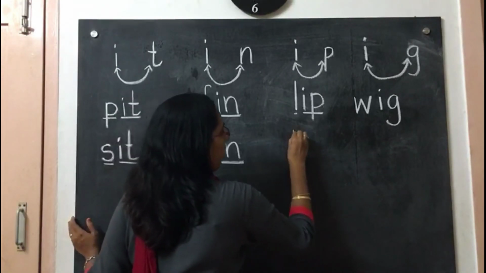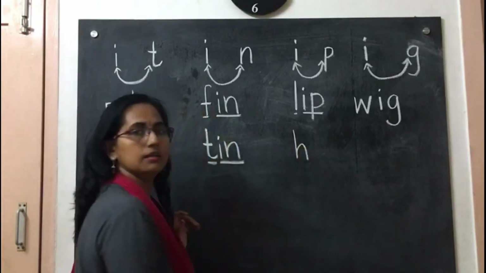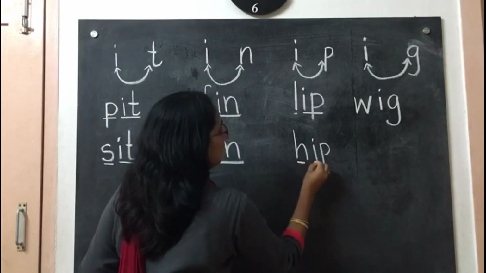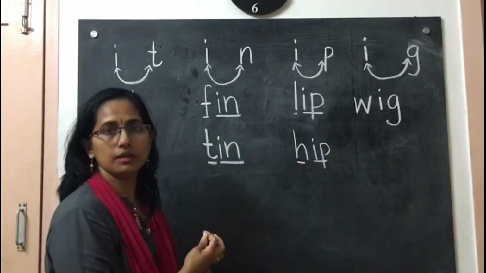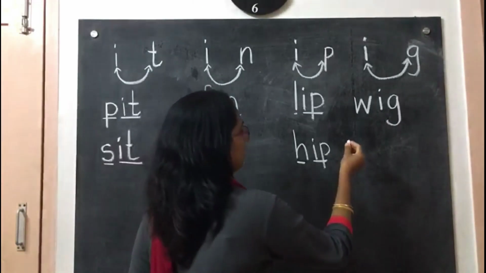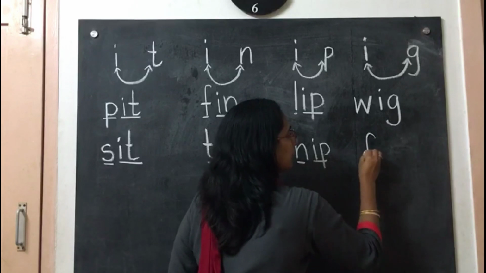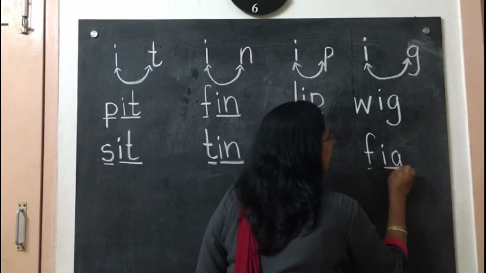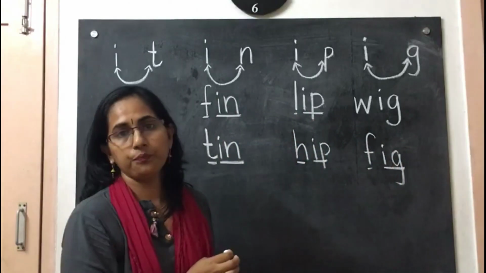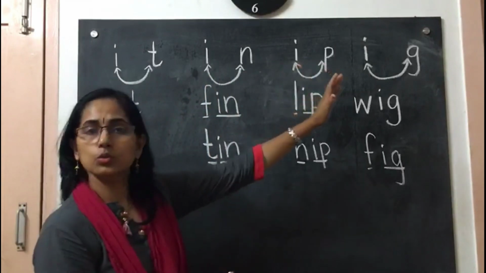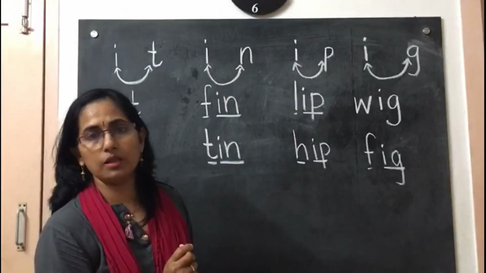Here, H. H and ip. Hip. Here again, F and ig. Fig. So this is how you should do 3-letter words using the I vowel.